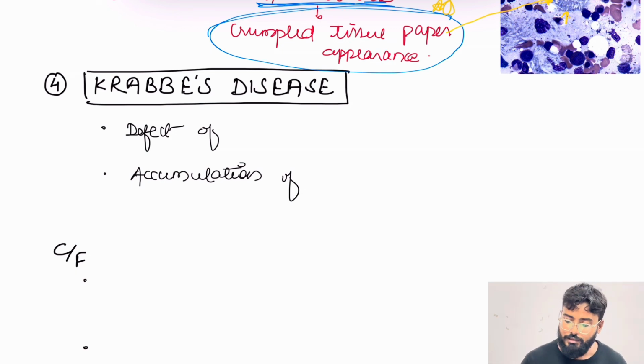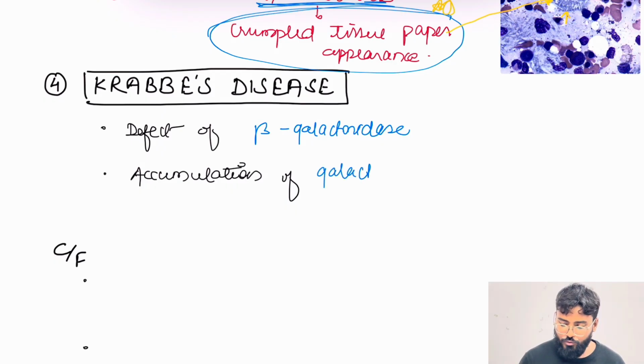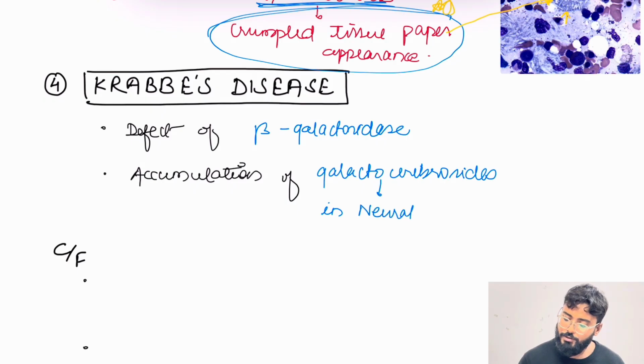In Krabbe's, the defect that you are going to see is your beta galactosidase, and there will be accumulation of cerebrosides that you are going to see in neural tissues, because your galactocerebrosides are present primarily in your neural tissues.